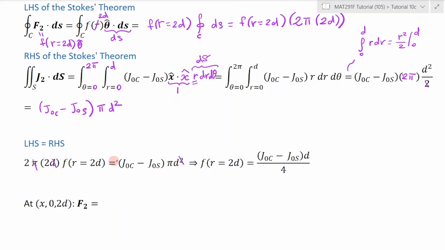I also canceled pi, and then I combined this 2 and this 2, so I got here 4, and then I divided both sides by 4. So then I'm left with this, times d divided by this 4, right here. Okay, so this is the expression for the theta hat component because of the vector field.